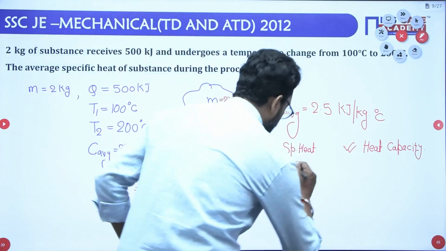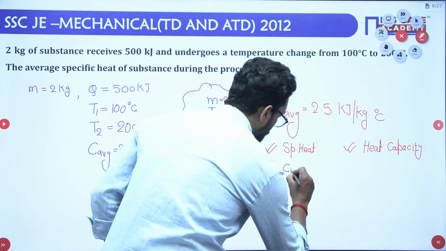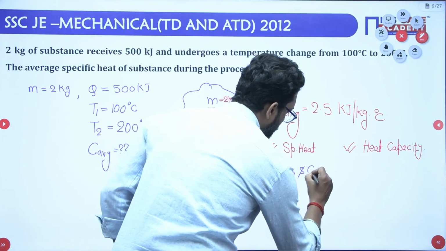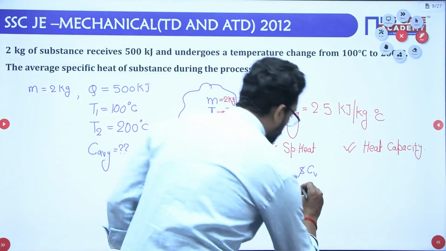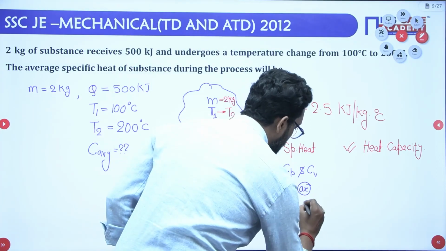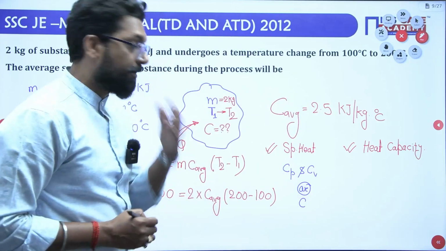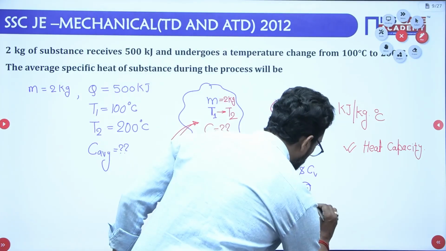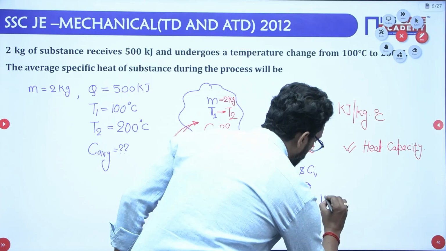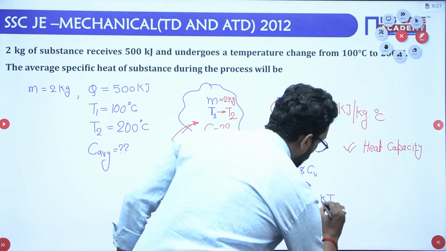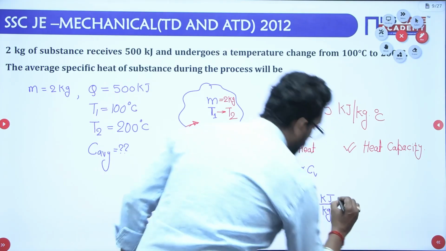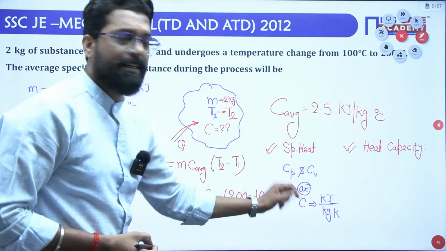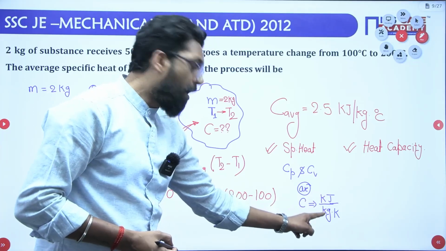Specific heat is either in the form of Cp and Cv, anything, or simply you can say C. C is the specific heat of the substance, and the unit is joule or kilojoule per kg Kelvin. So this is the energy per unit mass.